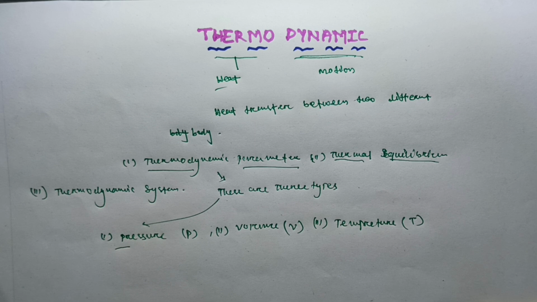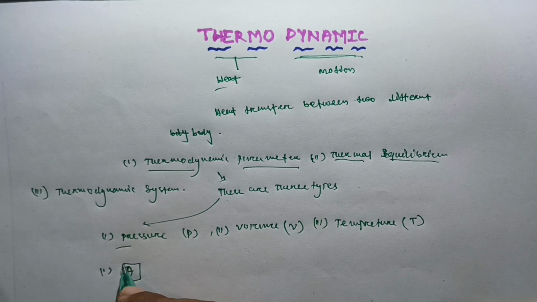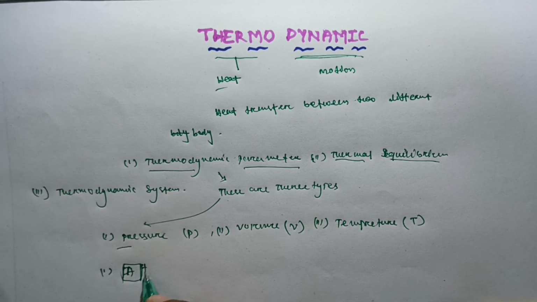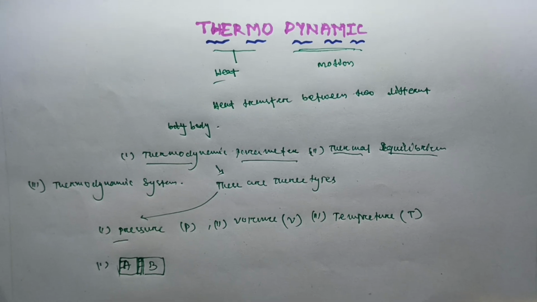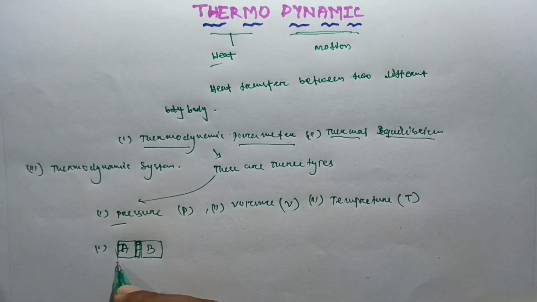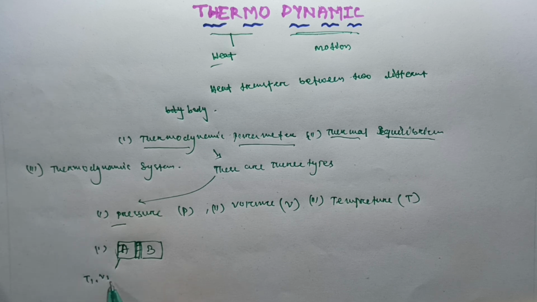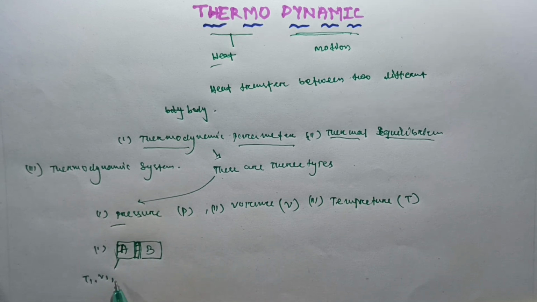First method, there are two systems or bodies A and B. In system A, temperature is T1, volume is V1, and its pressure is P1.